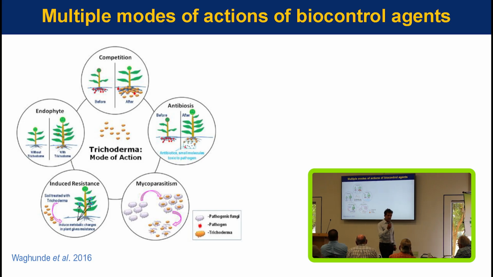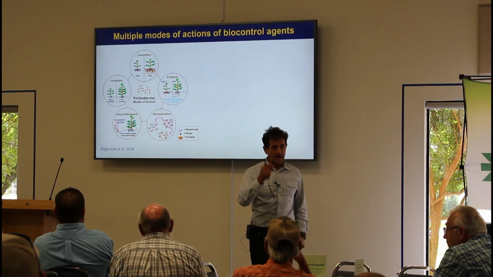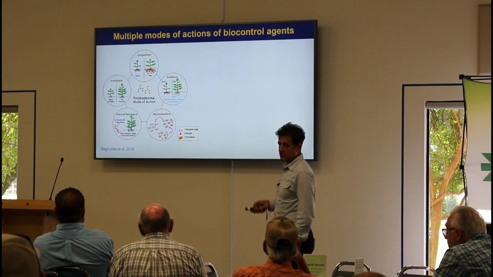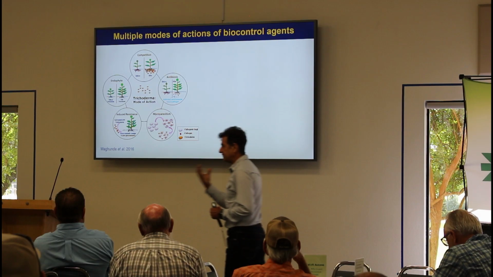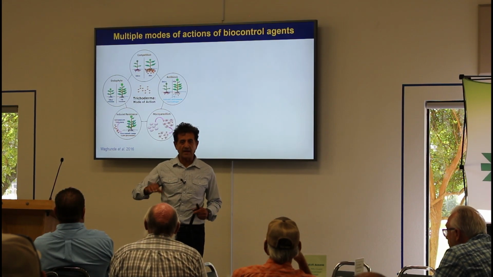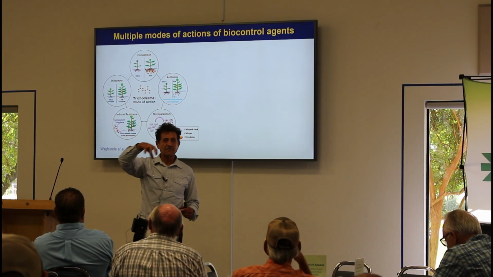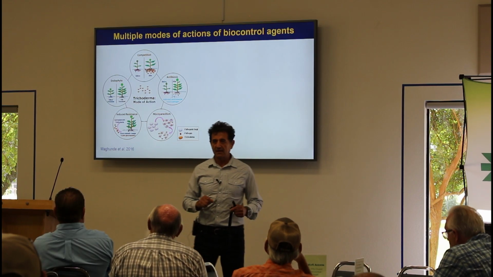For Trichoderma, beneficial fungi that could actually be present anywhere with the right conditions, they mostly or primarily work through competition, which means that those beneficial fungi can colonize the surface of the plant so fast that when the pathogen comes, it cannot find a place to colonize.